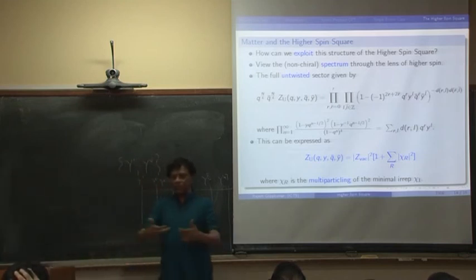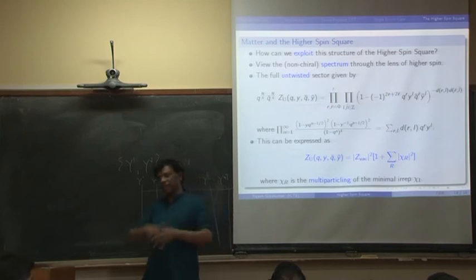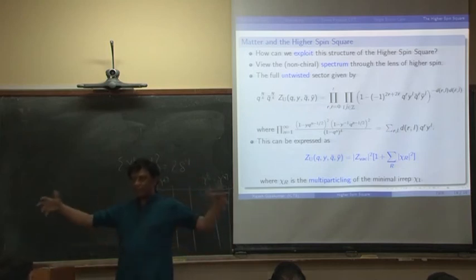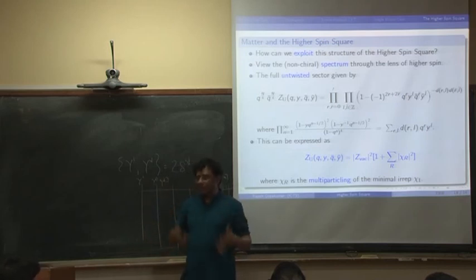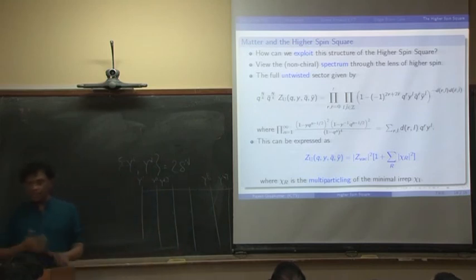You take the two particle states. You can write them in symmetric and antisymmetric representations, and then the three particle states you can similarly decompose in terms of representations. So it is just all the different multi-particles.